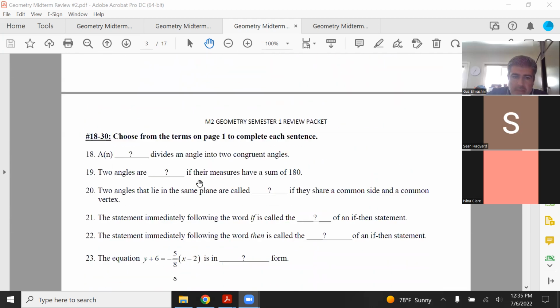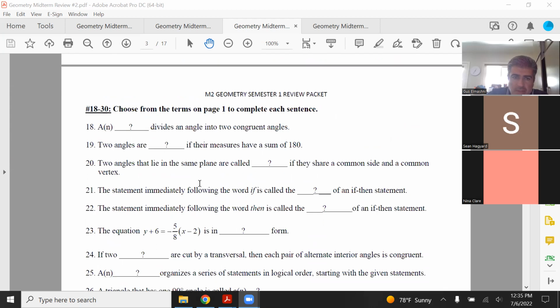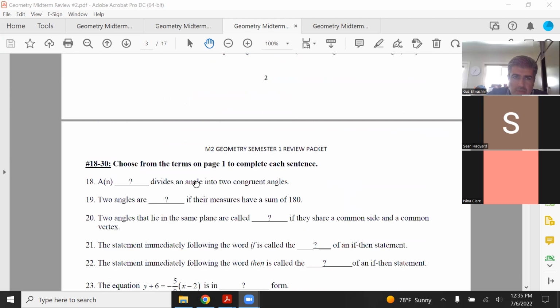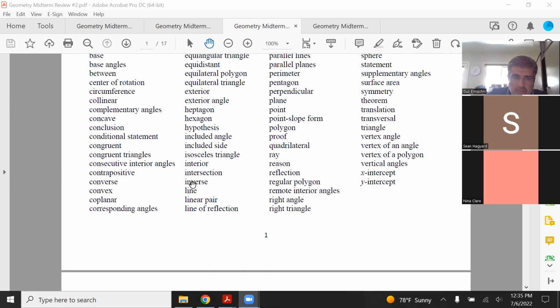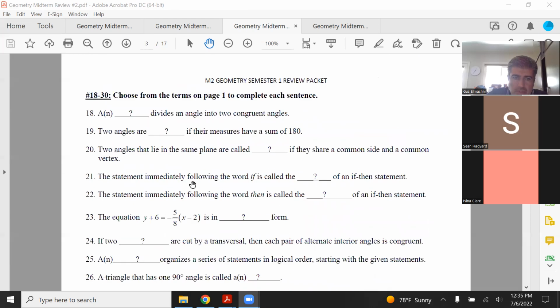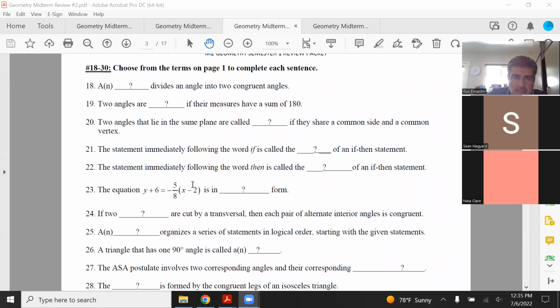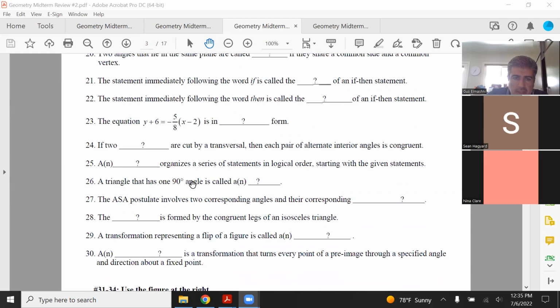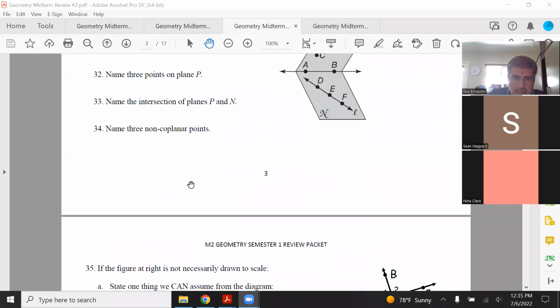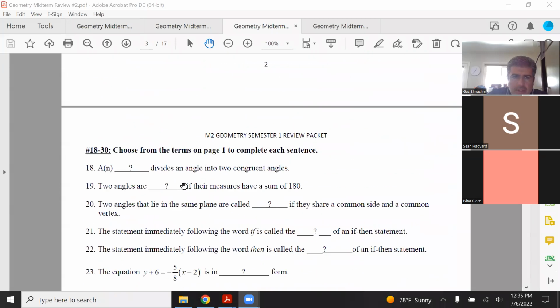Now let's look at the second page. These are fill in the blanks, and you're asked to use these terms from the first page. I can kind of just tell you what's going on here, then maybe have you try some on your own.